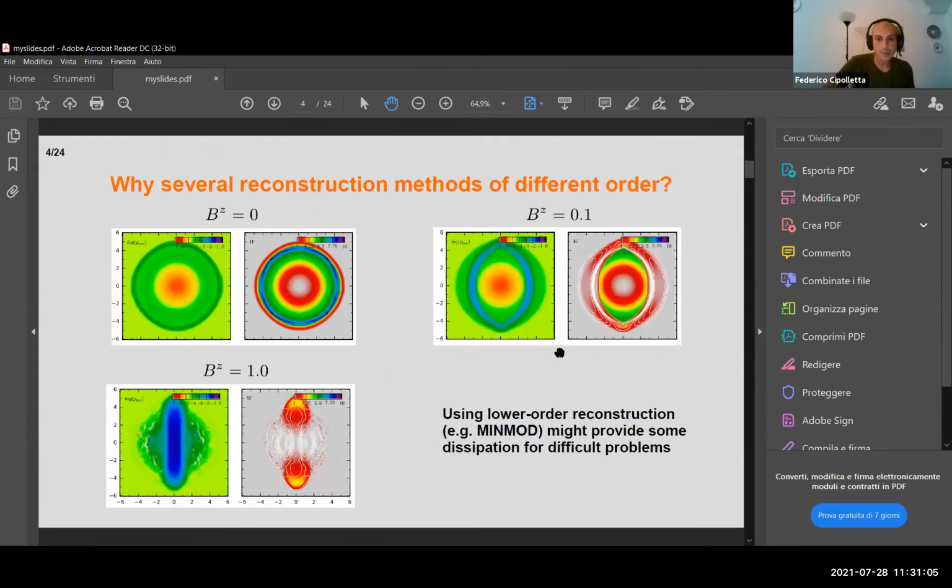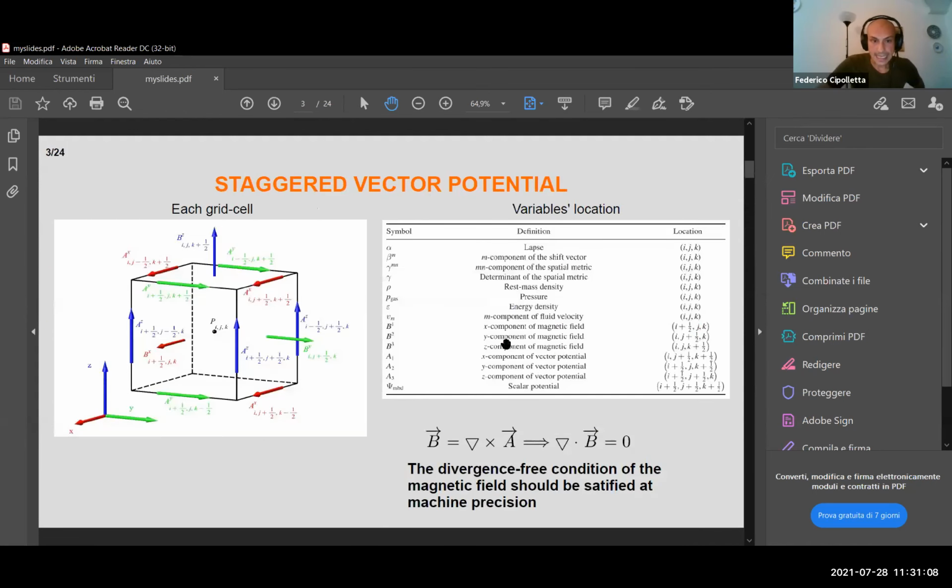As I said at the beginning, when you adopt a numerical scheme for an evolution, you are considering a discretization of the space, of the domain. So you consider some numerical cells. You can consider the variables located at the center of the cell, which is what historically the codes were probably doing.